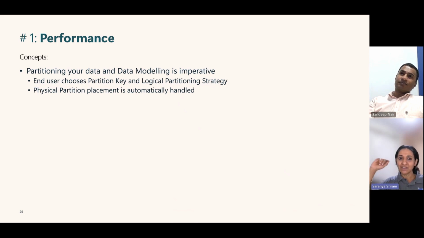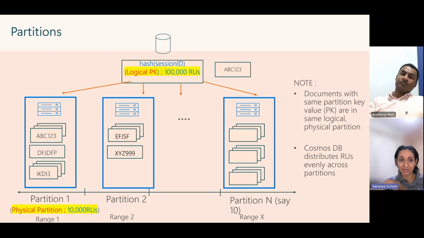So partitioning your data and data modeling, the end user typically chooses a partition key, which is a logical partition key. The physical placement of the logical partitions is automatically handled by the platform as a service, in this case Cosmos DB. At the bottom of the screen, partitions 1 and 2 are all physical partitions, and on these physical partitions you have multiple logical partition key ranges.